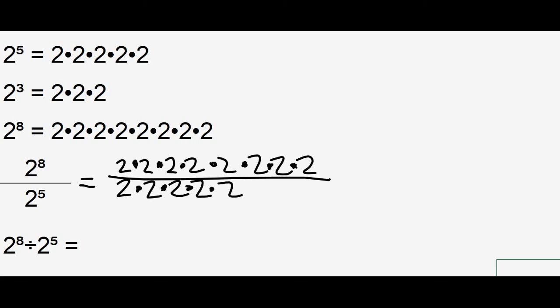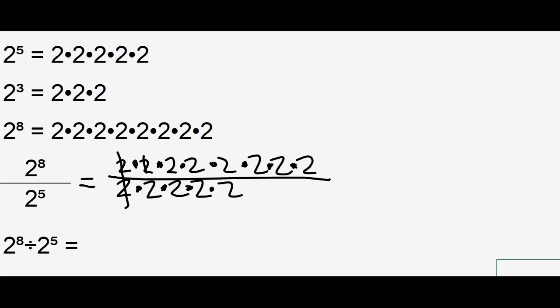So if I take my exponential expression, 2 to the 8th power divided by 2 to the 5th power, or my quotient of exponential expressions, I can rewrite it as 8 2's multiplied together divided by 5 2's multiplied together. When I divide by a 2, I undo one of the multiplications.